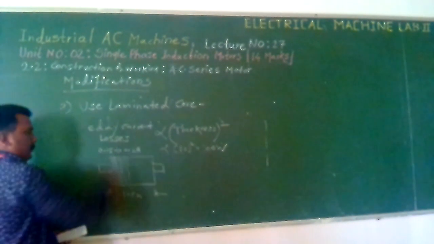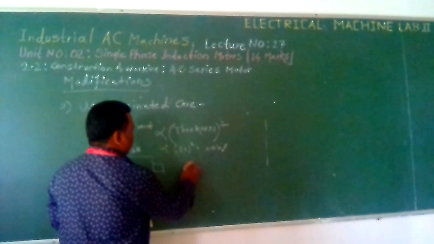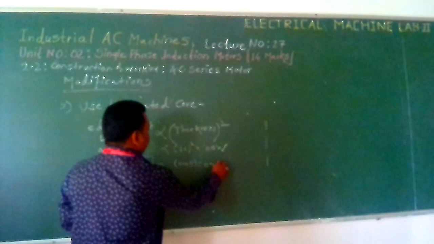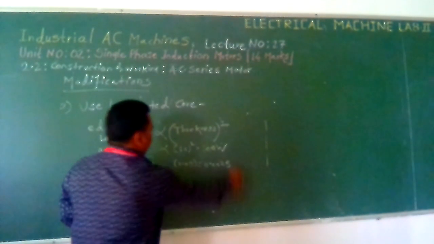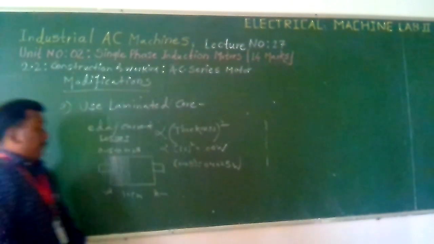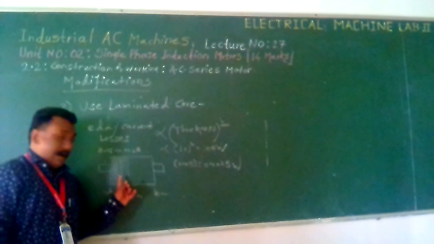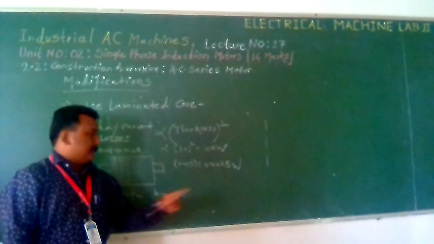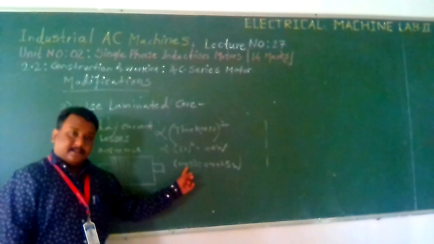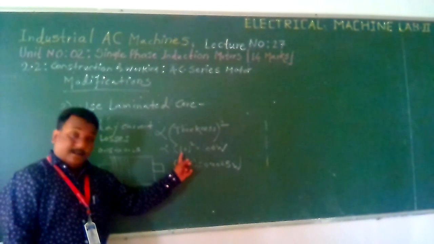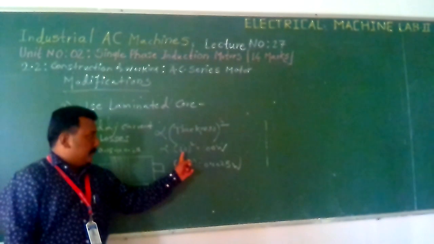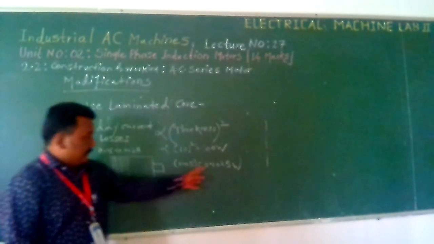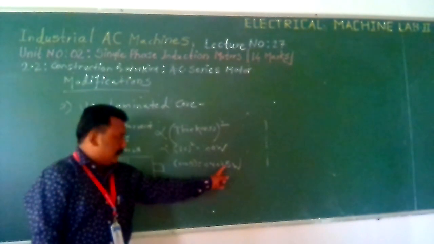Considering 0.05, squared it is 0.0025 watt. This means by using laminated parts we can minimize the eddy current losses, because for a solid core the eddy current losses are 100 watt, and for a laminated core it is 0.0025 watt.